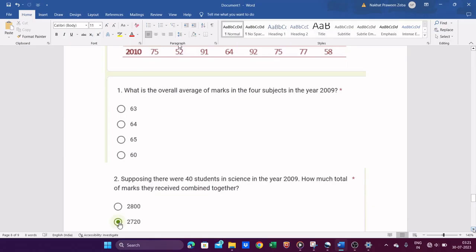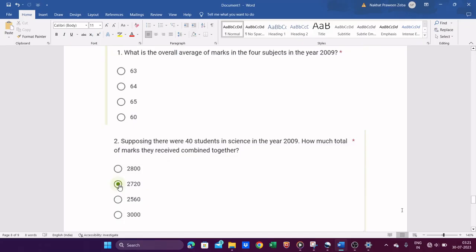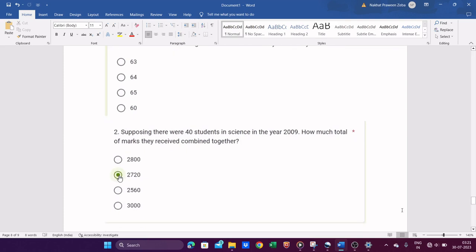So now what you have to do, you can check 68 into 40 and calculate. Let me see. 68 into 40, 2720, which is your answer. You need to check from the average mark obtained by students, because the highest mark is something else, but we need to focus on the average marks.